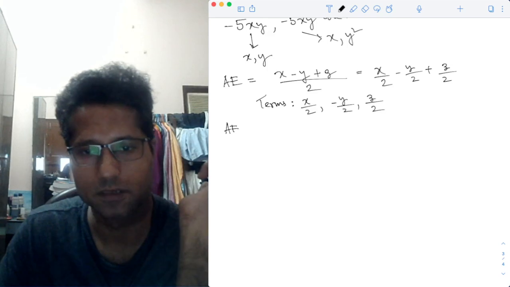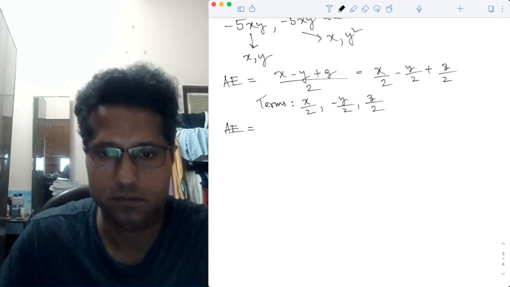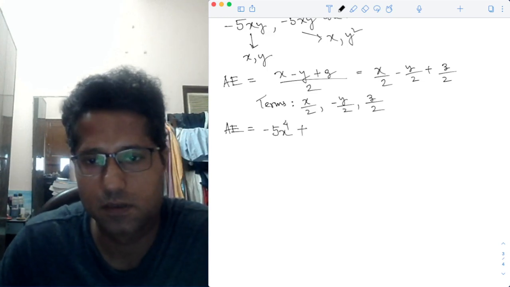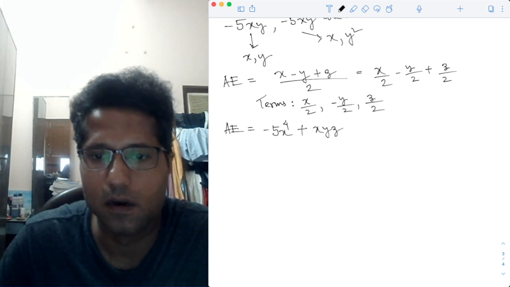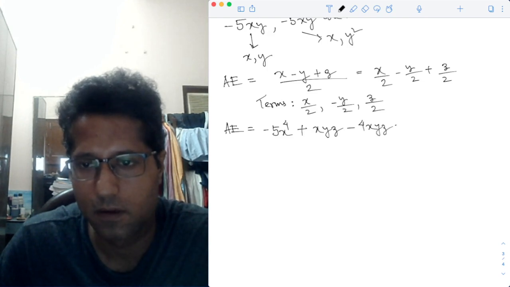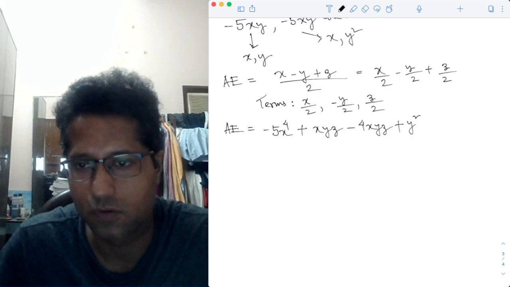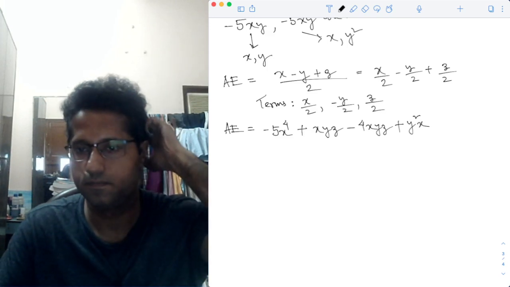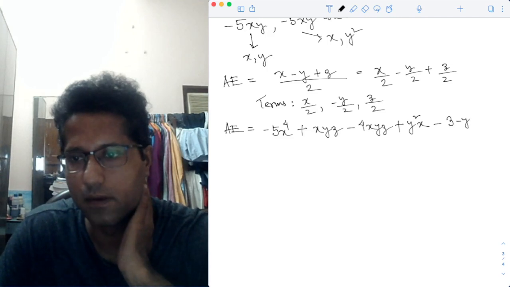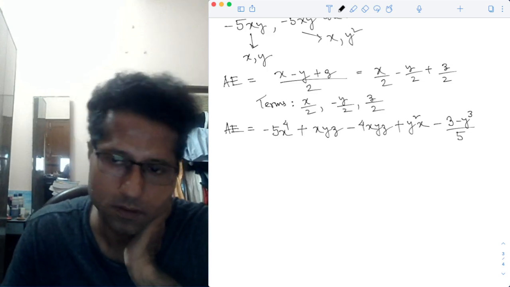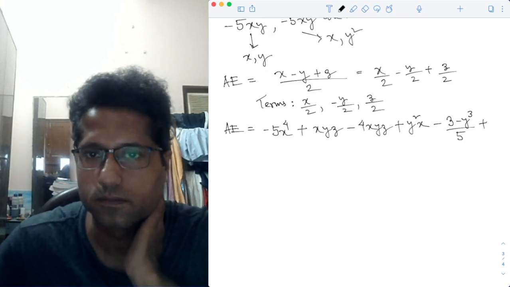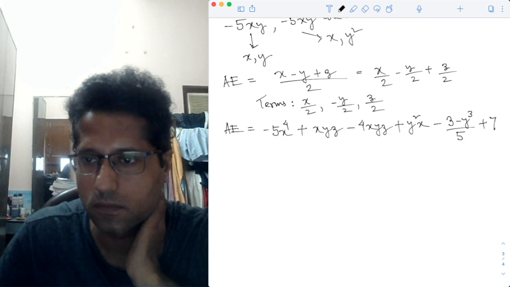Let's say another algebraic expression: minus 5 x to the power 4 plus x y z minus 4 x y z plus y square x minus 3 minus y cube by 5 plus, let's say, 7.